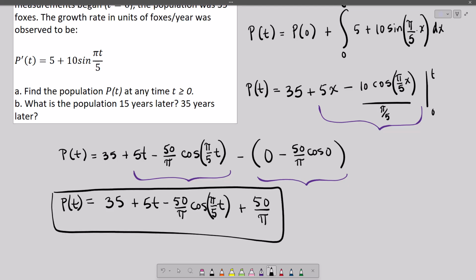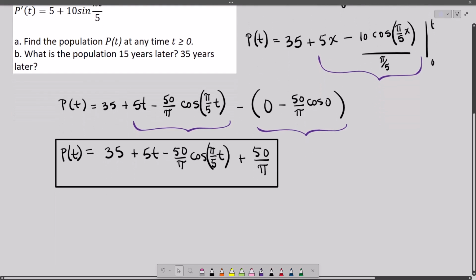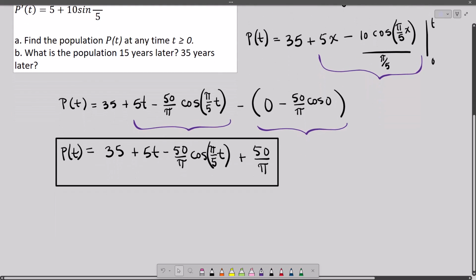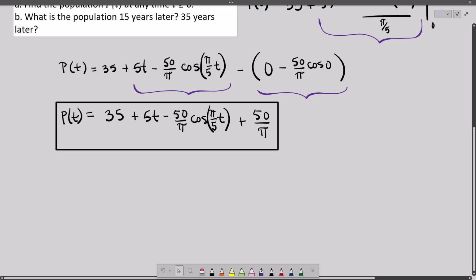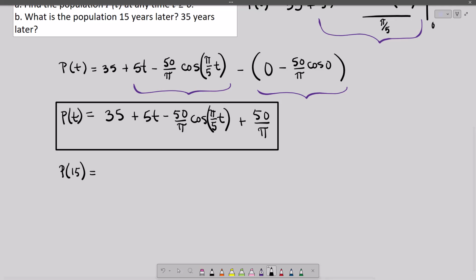So the second part of the question says, what is the population 15 years out? What's the population 35 years out? So P of 15, once we have this model, then we're just plugging in the 15. So we plug in the 15, we're going to get an approximation. 15 times 5. Plug in the 5 here.